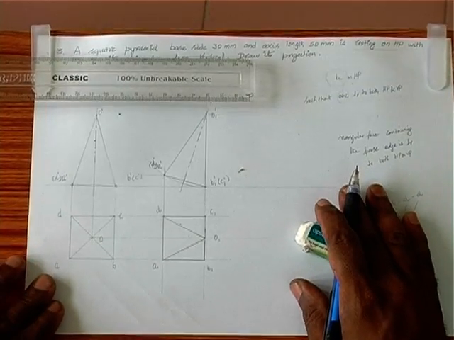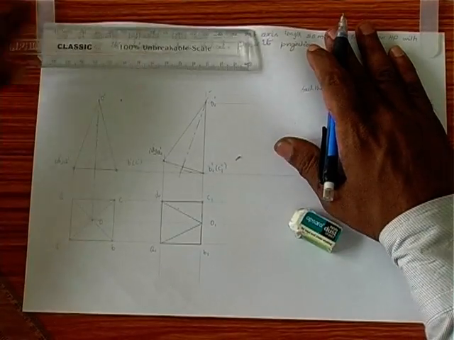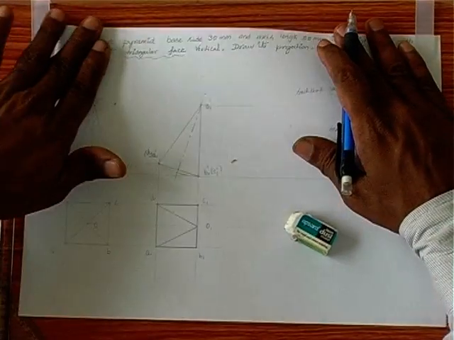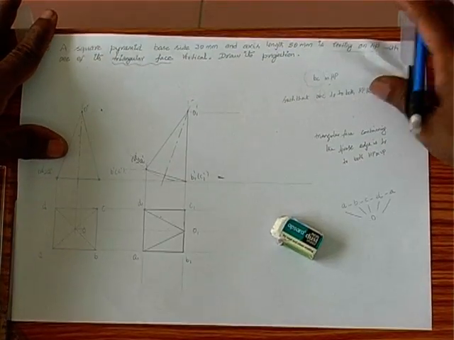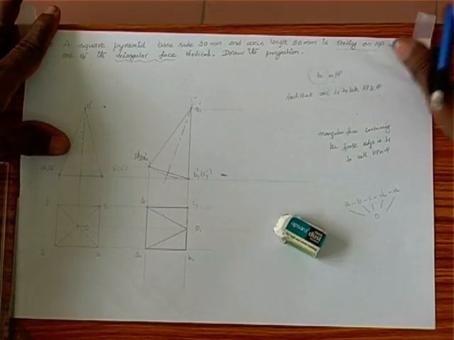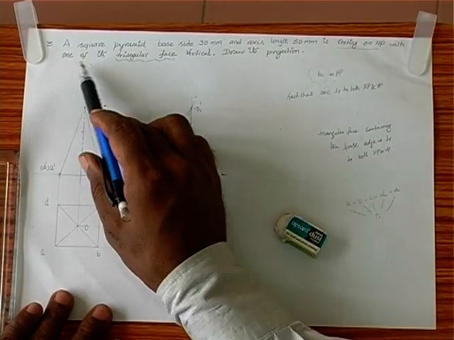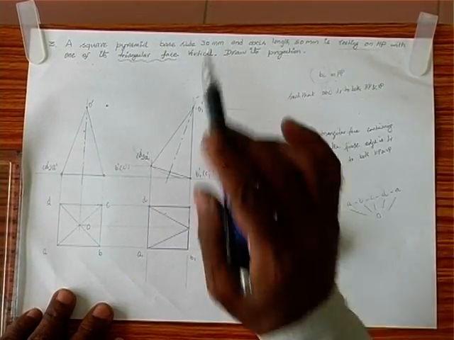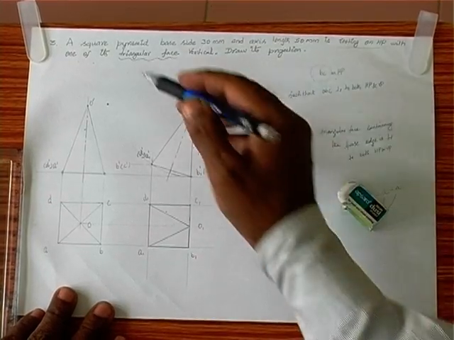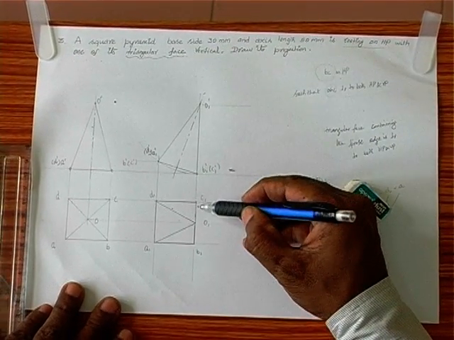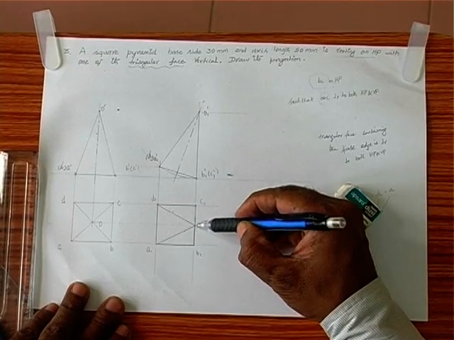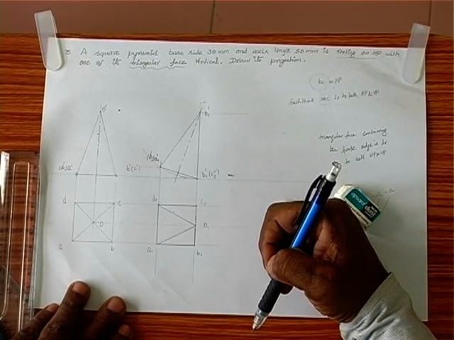So the given problem is: square pyramid, base side 30 mm, axis 50 mm, is resting on HP with one of its triangular faces vertical. So here the triangular face is OBC, vertical. So it is a line in the top view, OBC.